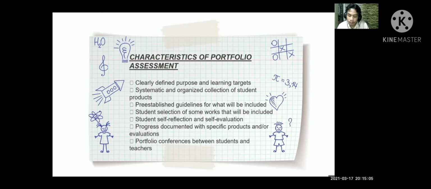And pagkatapos i-submit ng estudyante yung portfolio niya, as a teacher dapat kinakausap natin siya and binibigyan natin feedback. Ganon din naman as a student na dapat nag-feedback din tayo. That's the characteristic of portfolio assessment.